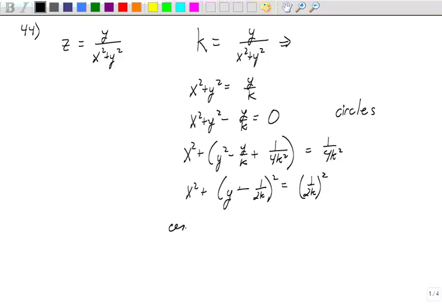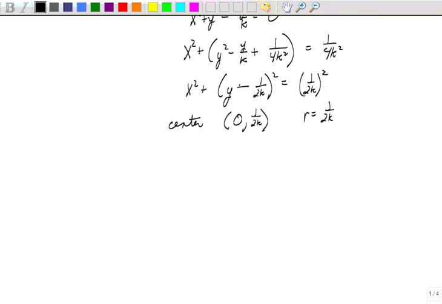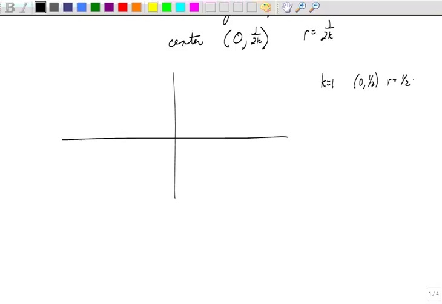And the centers are 0, 1 over 2k, and the radius is 1 over 2k. So if we draw a few of these, when k equals 1, we have the center at 0, a half. The radius is a half.